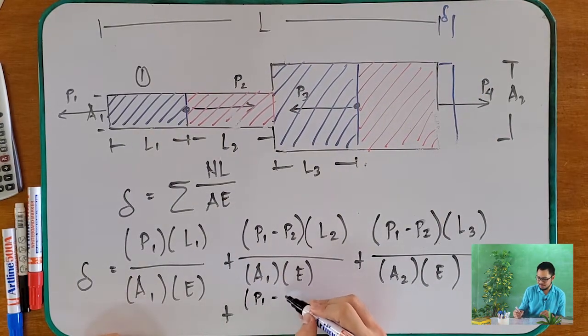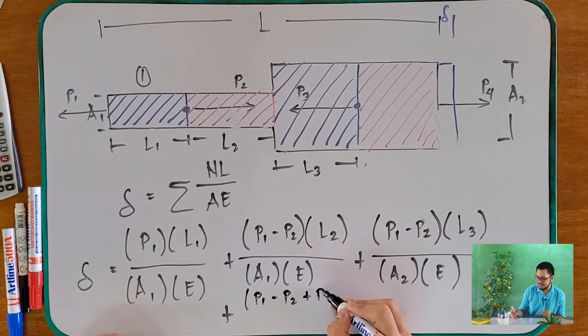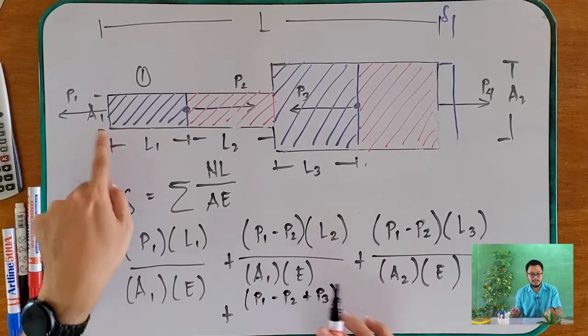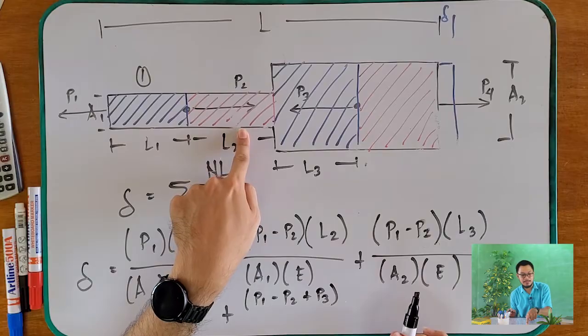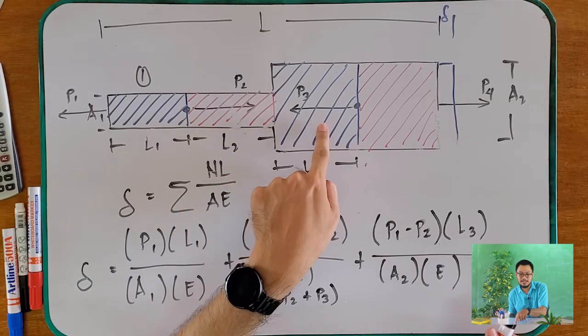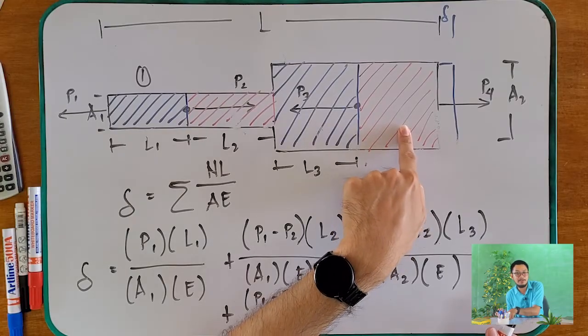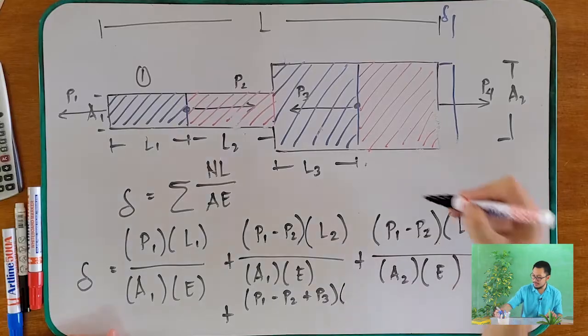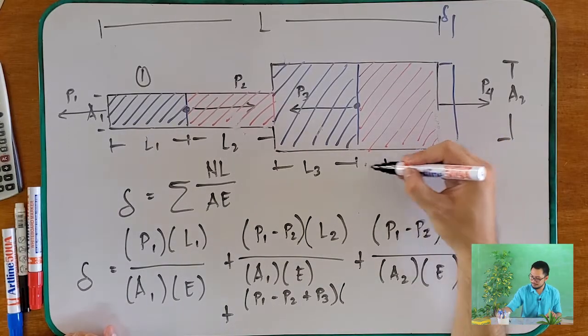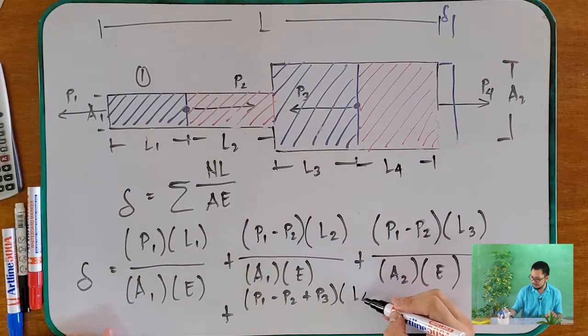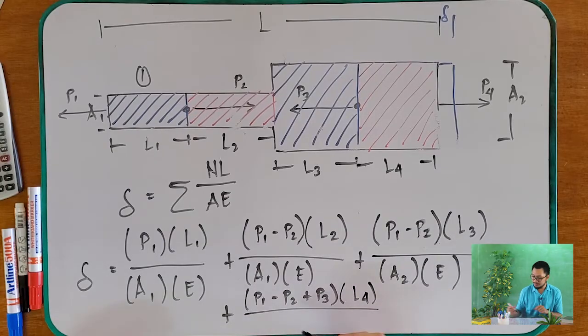P1 minus P2 plus P3 now. The load here is P1, the load here is P1 minus P2, the load here is still P1 minus P2, but the load here is P1 minus P2 plus P3. Okay? Times your L4, L4 over area A2 times your modulus of elasticity.